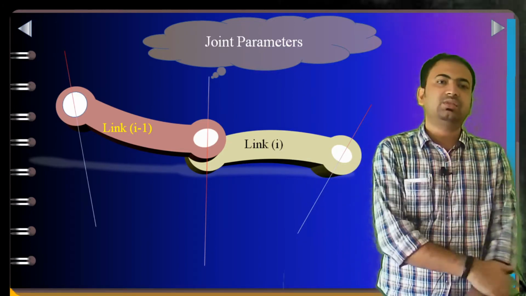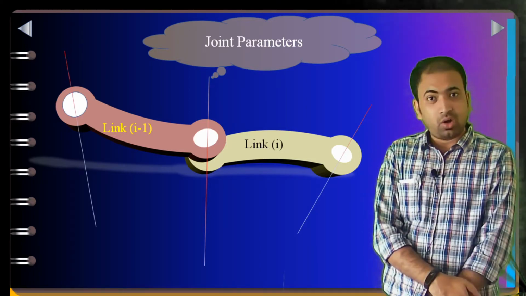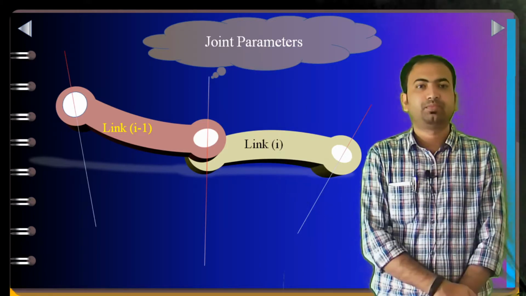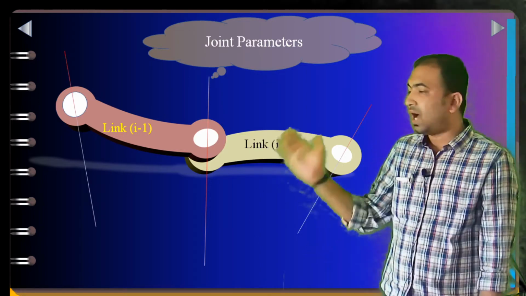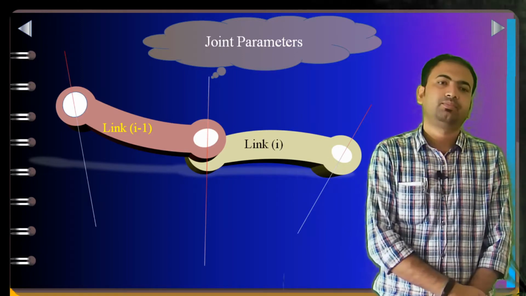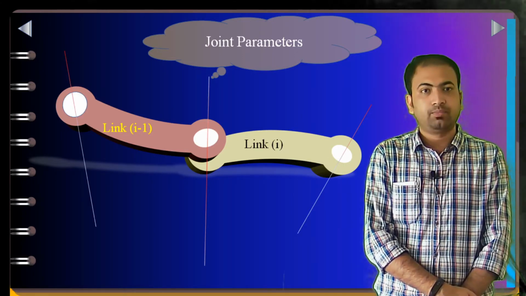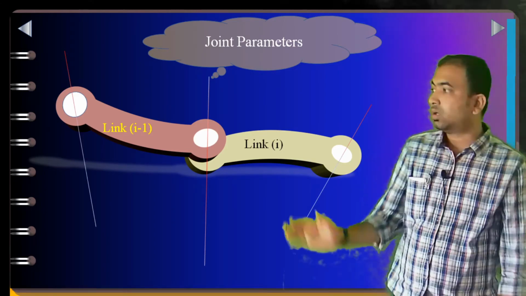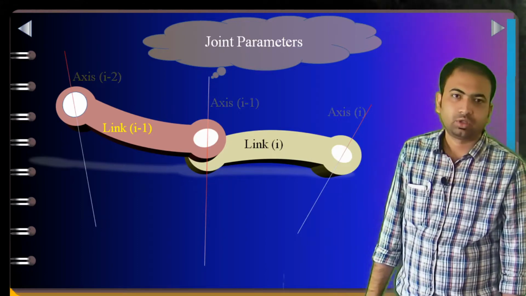The second intention is this: if we want to find out the link length of link i minus 1, and similarly the link length of the ith link, then we have to find the common normal to both its axes.